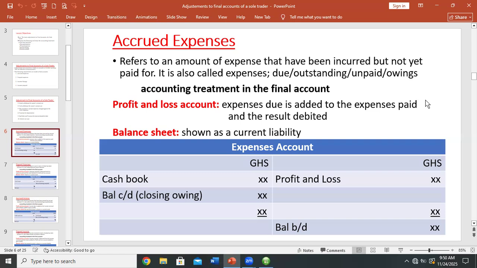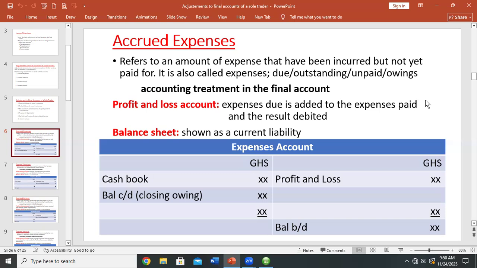A typical example is, say you go to university level 100, and you are supposed to pay fees of say 5,000 Ghana cedis. The fact that you have not paid 2,000 Ghana cedis of that amount doesn't mean that your fees for level 100 is 3,000. No. Your fees is 5,000, but there is an outstanding of 2,000.